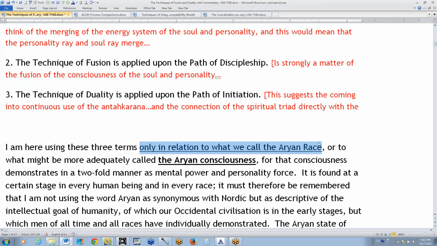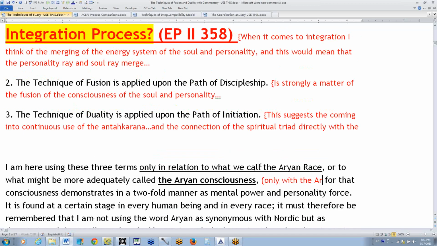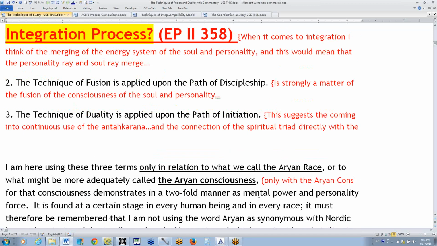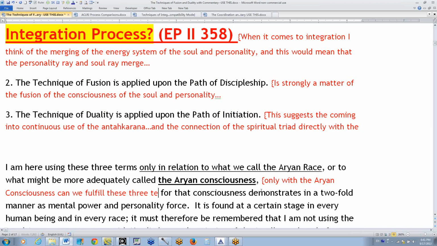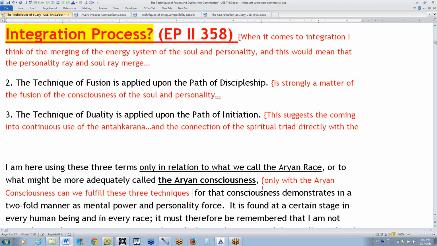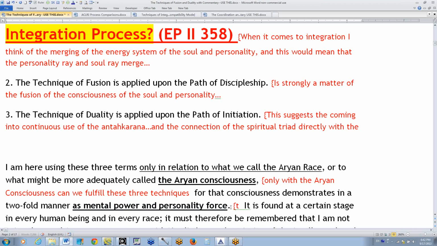It's only with the Aryan consciousness that we can develop. Only with the Aryan consciousness can we fulfill these three techniques. Okay. For that consciousness demonstrates in a twofold manner as mental power and personality force. And remember that the personality is really integrated on the plane of mind.